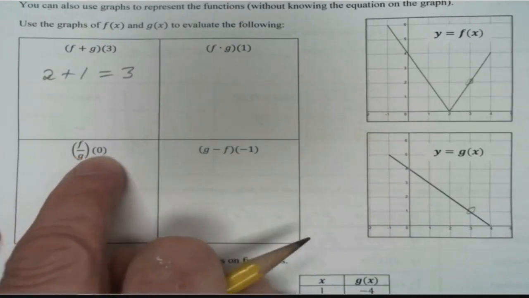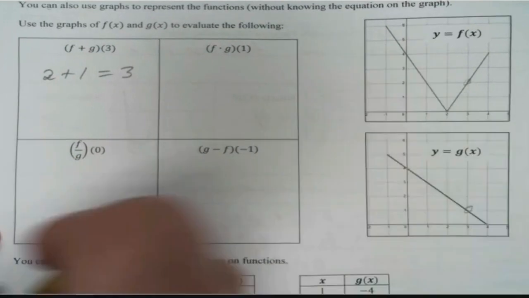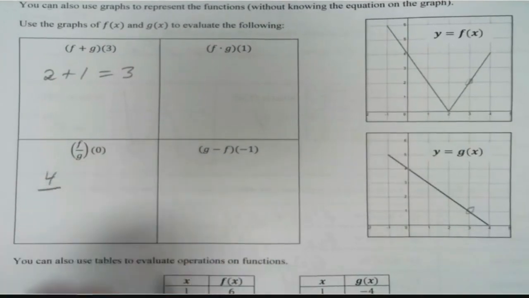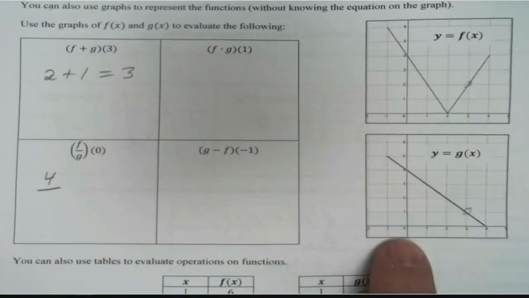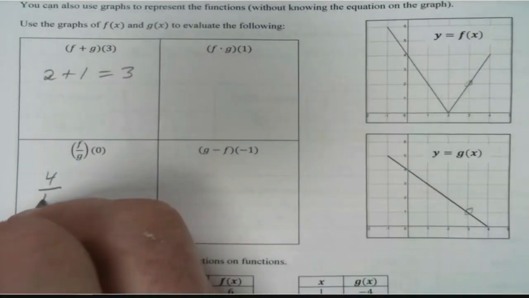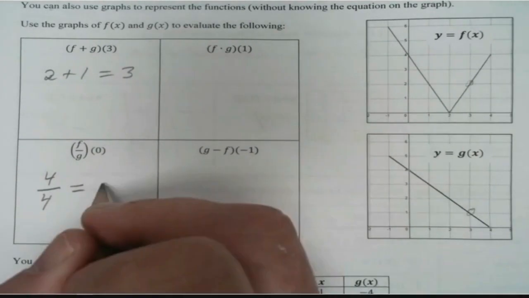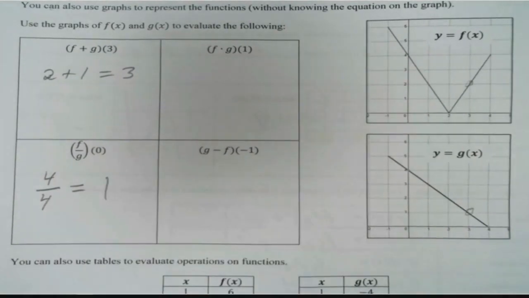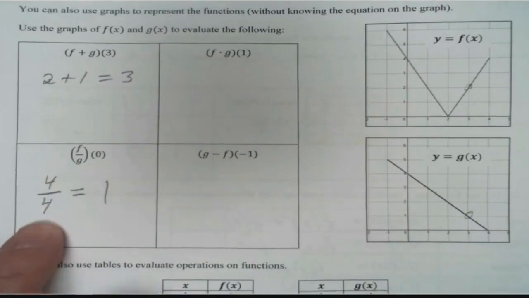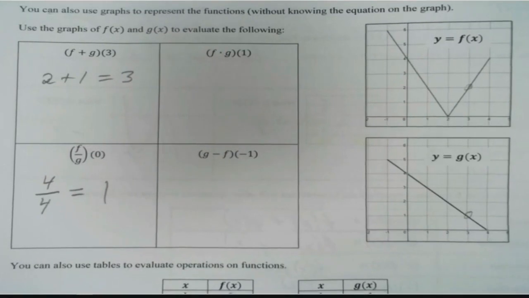So f of 0 is 4, divided by g of 0, which is also 4. So what is 4 divided by 4? It is 1. Remember, this is division. We're not subtracting them. So that's division, 4 divided by 4. Yes, there you go. Haley's on it.